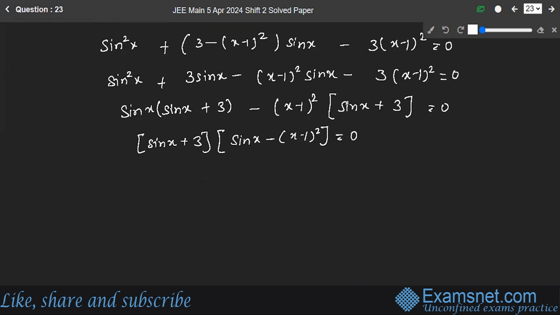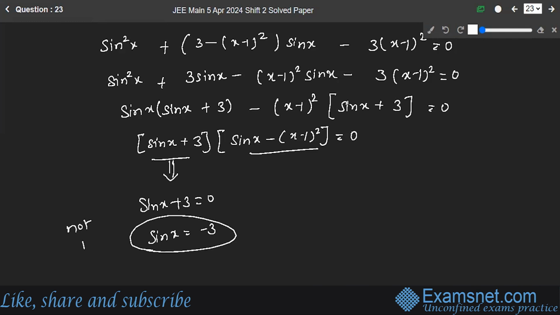So that means either this is equal to 0 or this is equal to 0 or both are equal to 0. One thing is for sure that if I put sin x plus 3 is equal to 0, that gives me sin x is equal to minus 3, which is not possible at all. Sin x can never have the value minus 3. So that means this is equal to 0. Sin x minus 1 whole square is equal to 0, right?